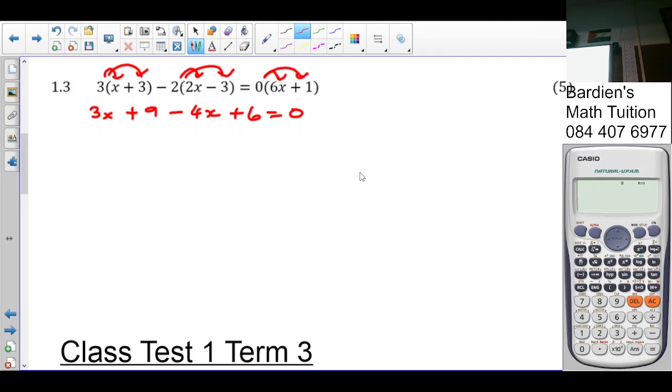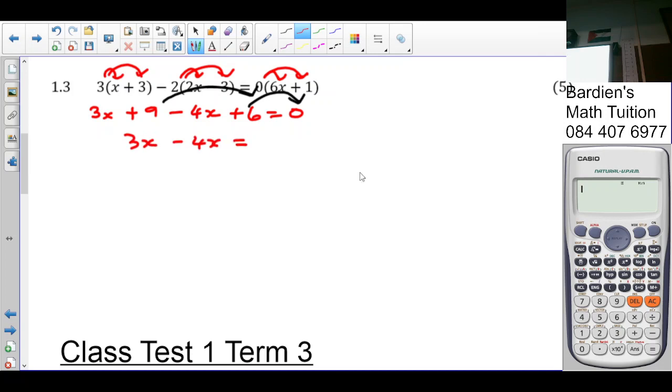Why not do corrections? So you got everything right so far. So what do I do now? X is one side, numbers are the other side. It's the same thing as before. So it becomes 3x minus 4x equals.